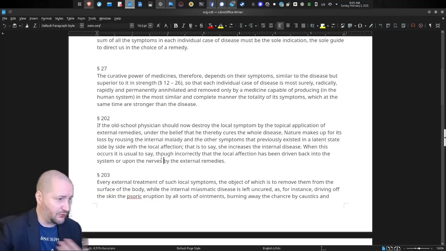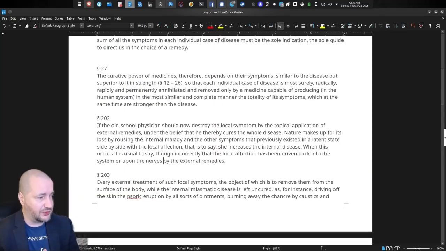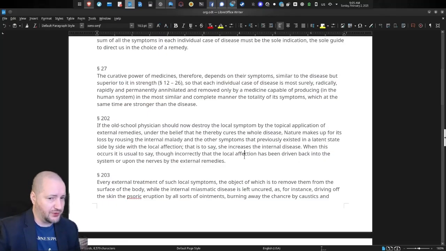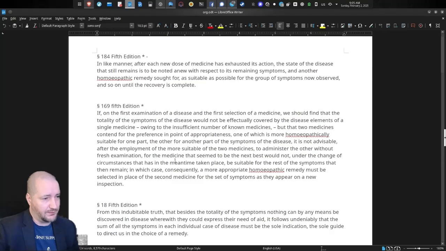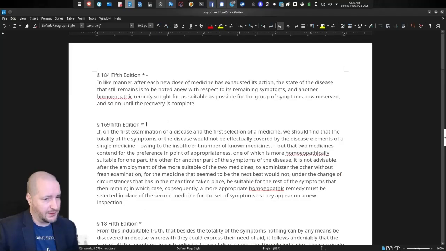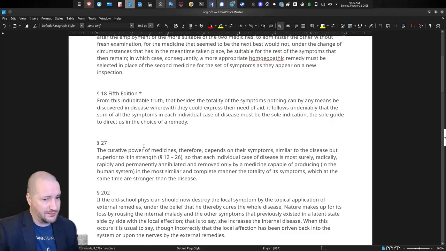Because if what I'm saying is true, you might go to get homeopathic treatment, and then you get one of these woke guys, and they do all kinds of crap to you, like this. They suppress you, and they break all the other rules of homeopathy, and then you're going to end up with a completely confused body, and a messed up case.